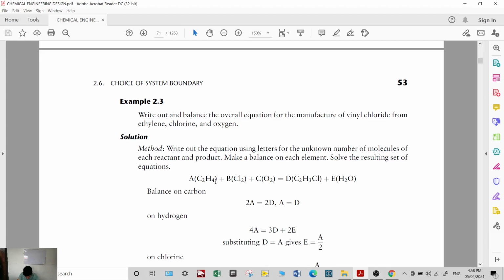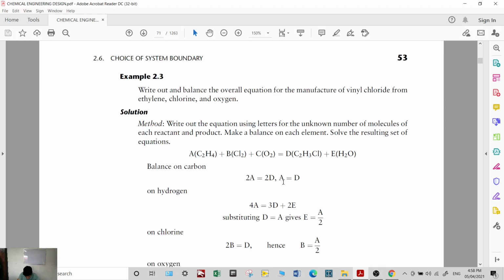So say for example, you need to manufacture vinyl chloride from ethylene, chlorine, and oxygen. So this is the ethylene C2H4 plus chlorine plus oxygen. The product would be vinyl chloride C2H3Cl plus water.